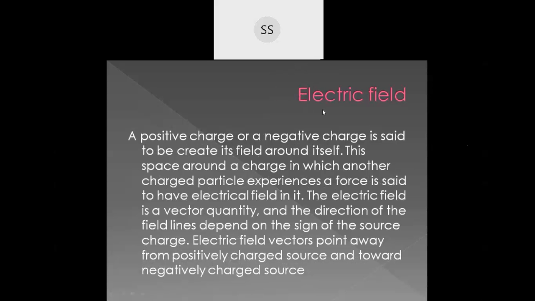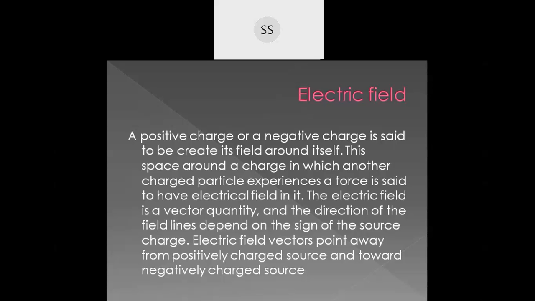Next topic is electric field. A positive charge or a negative charge is said to create a field around itself. The space around a charge in which another charged particle experiences a force is said to have an electric field in it. The electric field is a vector quantity.